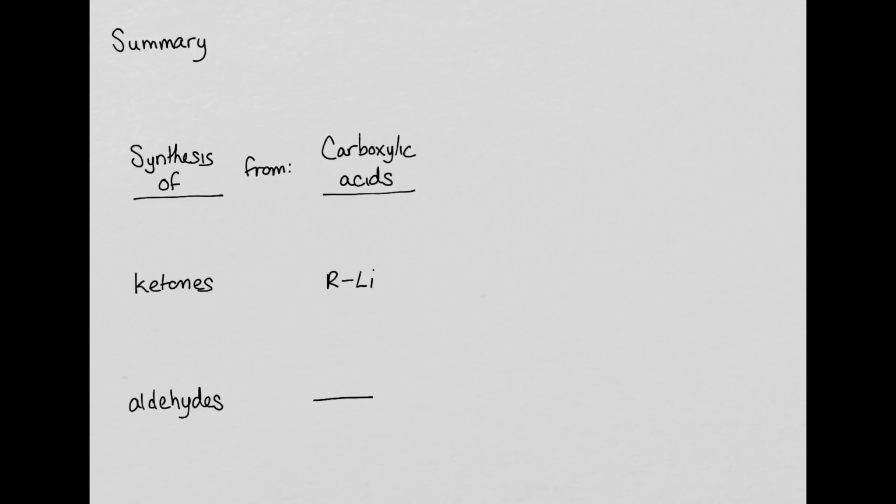Ketones and aldehydes can both be synthesized from nitriles. Ketones can be synthesized by the addition of organolithium reagents or Grignard reagents to nitriles, while aldehydes can be synthesized from nitriles using diisobutyl aluminum hydride, which is a weaker reducing agent than lithium aluminum hydride.